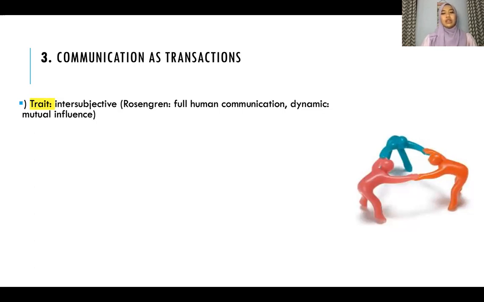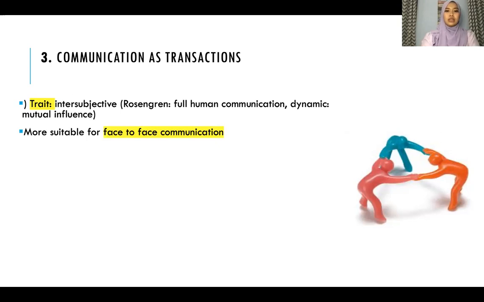And it is also a dynamic process and a mutual influence process, because each of us makes a transaction in which we share our information again and again. It's like a routine, a circle.